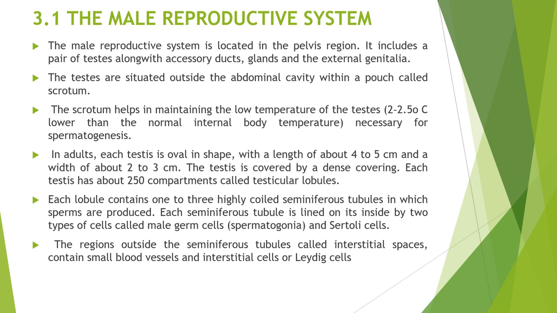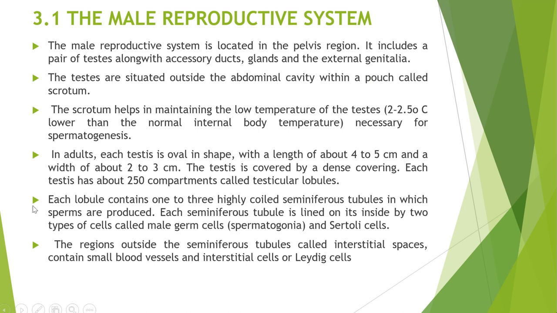But for the formation of sperms, there is a need for a lower temperature than the internal body temperature. So for the spermatogenesis, a low temperature is very important. That's why the testes are situated outside the abdominal cavity in the pouch that is called the scrotum.